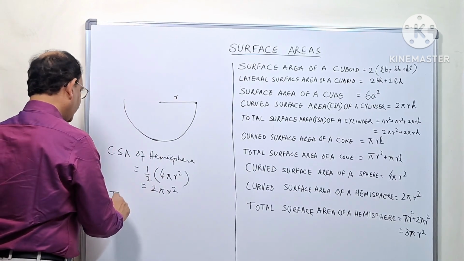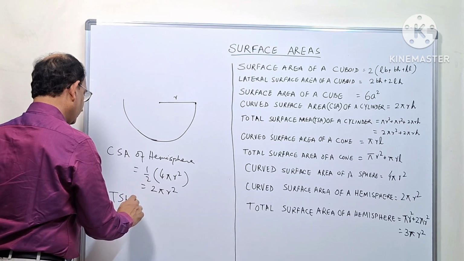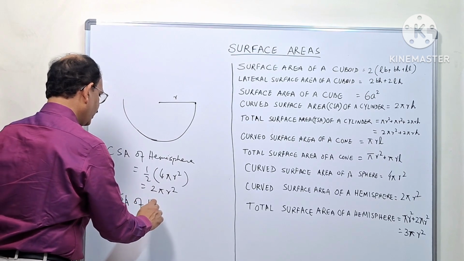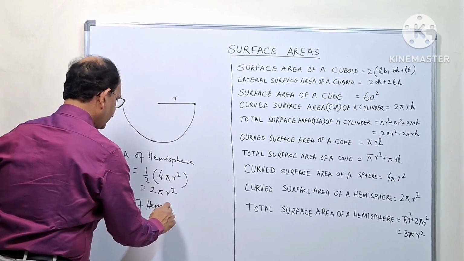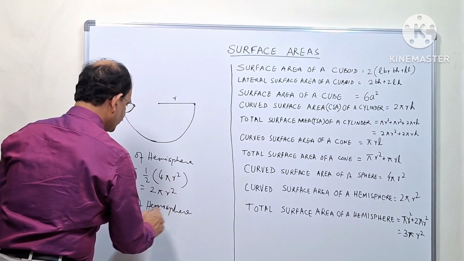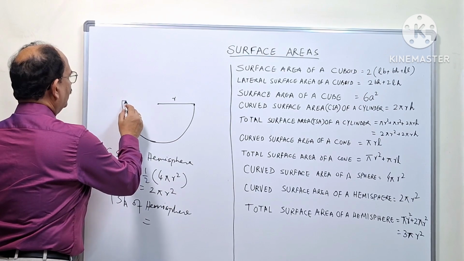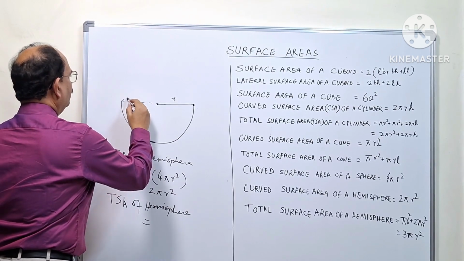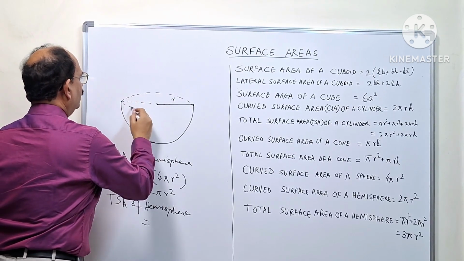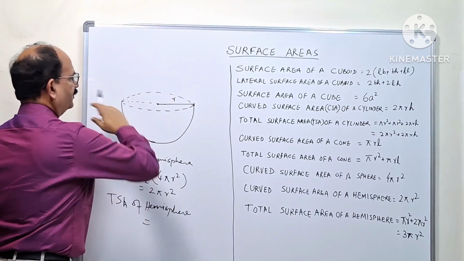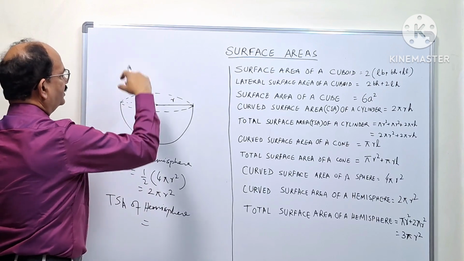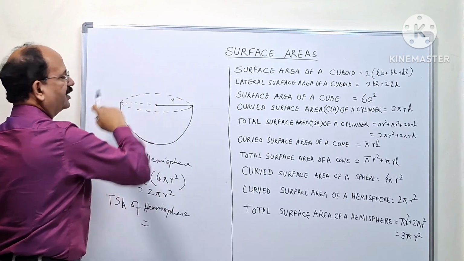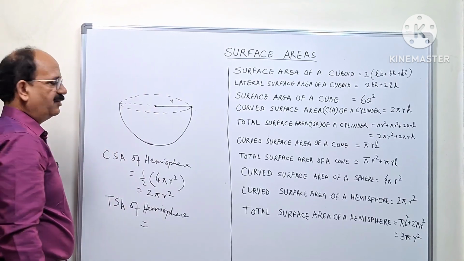Now, if you have to find the total surface area of the hemisphere, then as you can notice, even this part, which will be a circular part if you cut the sphere into half and see from the top, will appear like a circular part.